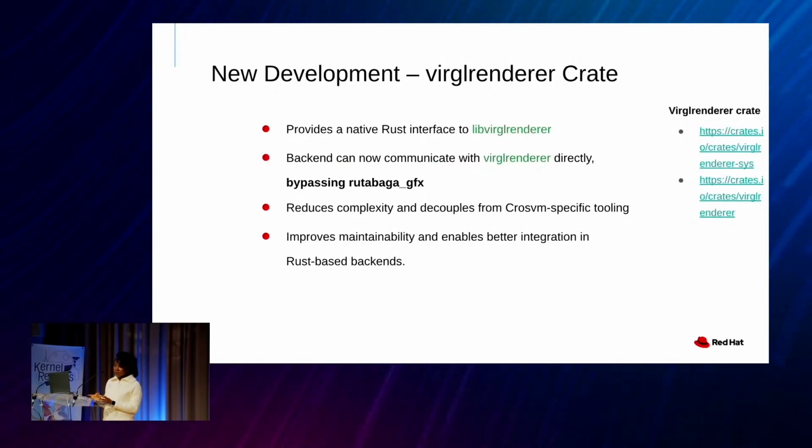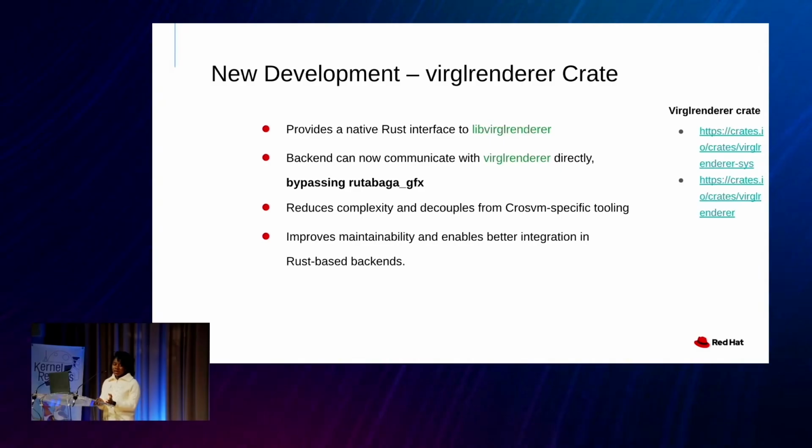This lets the vhost-device-gpu backend talk to virglrenderer without having to go through rutabaga, which was originally built for crosvm. This gives us more control by bypassing rutabaga, because we are cutting out a lot of extra layers and the crosvm-specific logic, making the integration much easier. And it also improves testability for us.